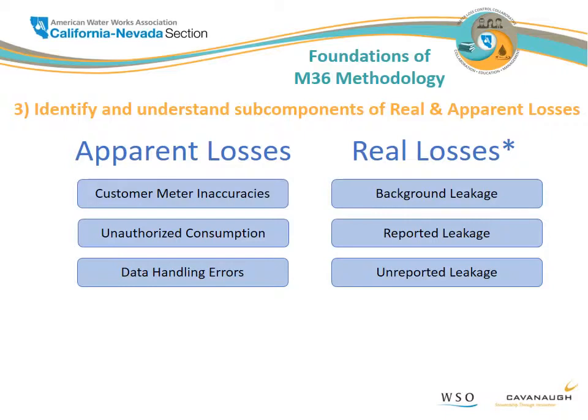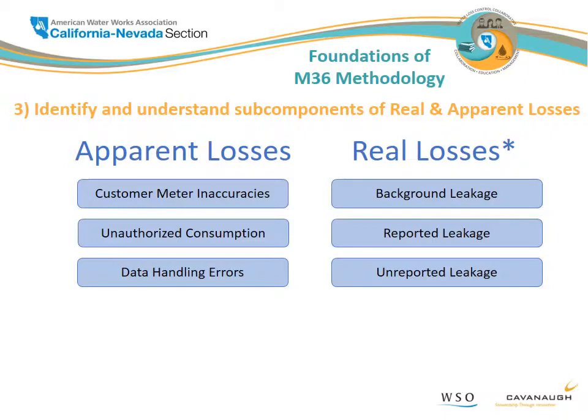These are systematic data handling errors in that they are found in our processing and our handling of billing data. There's a lot that happens between a meter read and a bill that's generated, and sometimes there are consistent errors that are introduced that manipulate the volume such that we're not paid for a certain amount of volume delivered.